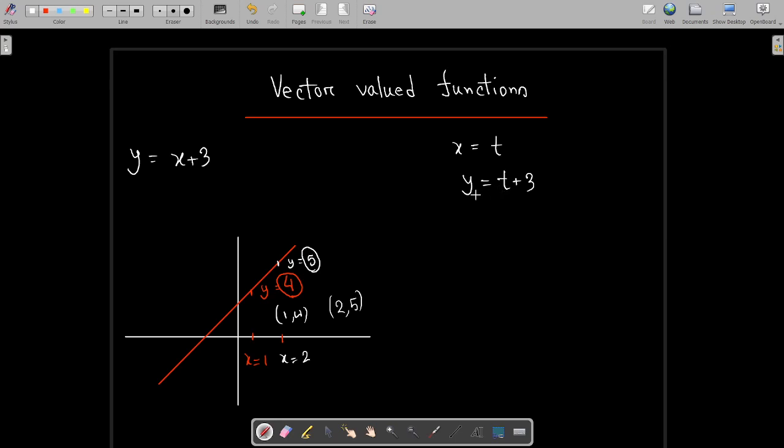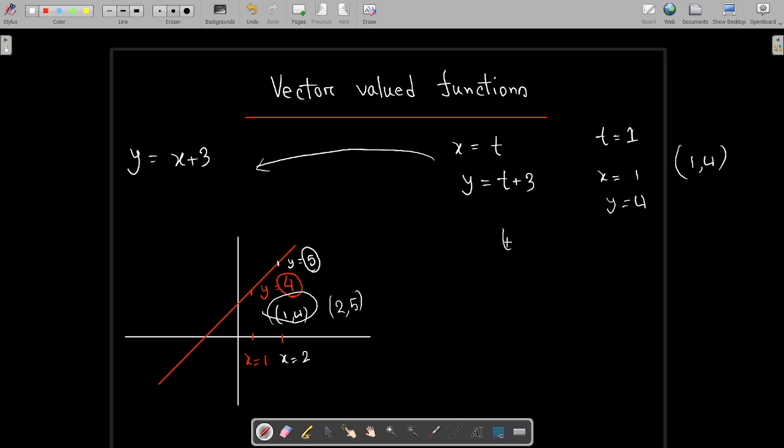Now this is same as this. Let's check it out. If we put t equal to, let's say, 1, then we get x equal to 1, y equal to t plus 3, 1 plus 3, it will become 4. So we are getting 1 comma 4, like we are getting 1 comma 4 there also.